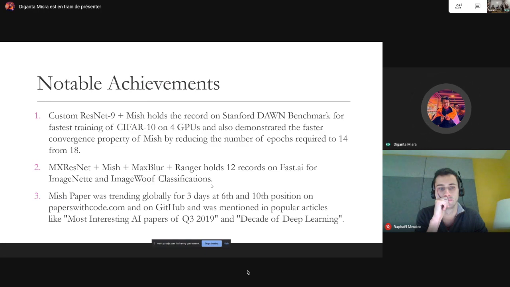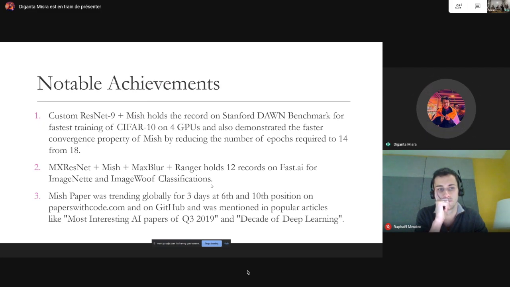Additionally, MX ResNet using Mish, Max Blur, and Ranger Optimizer actually holds 12 official records on FastAI leaderboards for ImageNet and ImageWolf classification, which are actually a subset of the original ImageNet dataset.